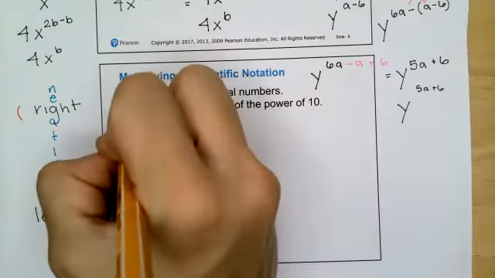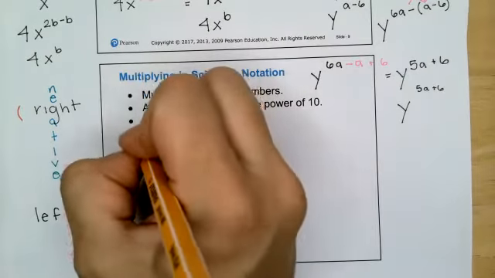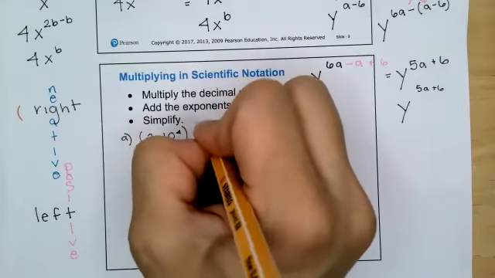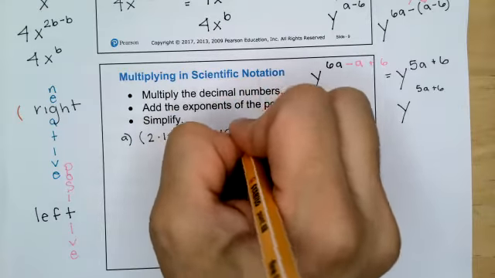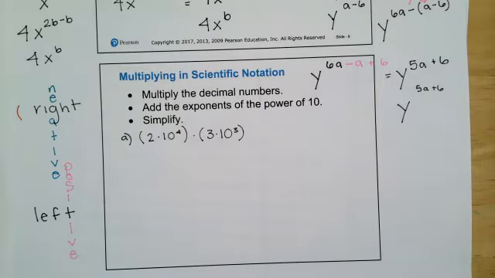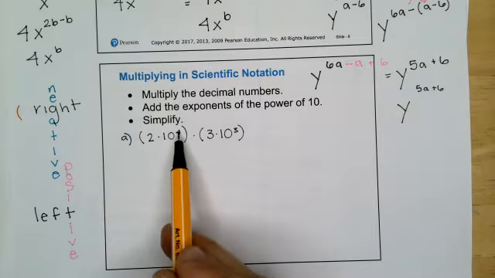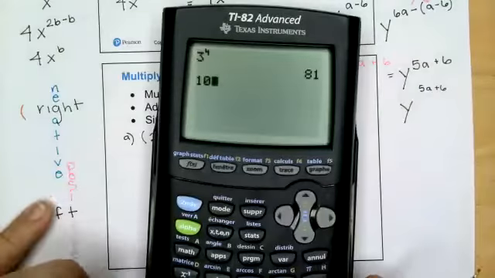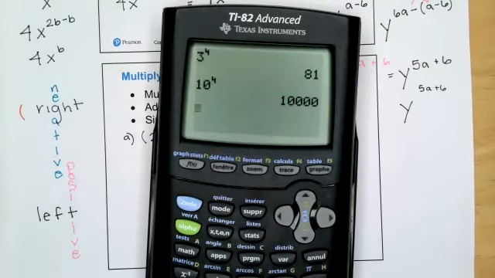For example, 2 times 10 to the 4th times 3 times 10 to the 3rd. Those are actually big numbers because 10 to the 4th is 10,000.